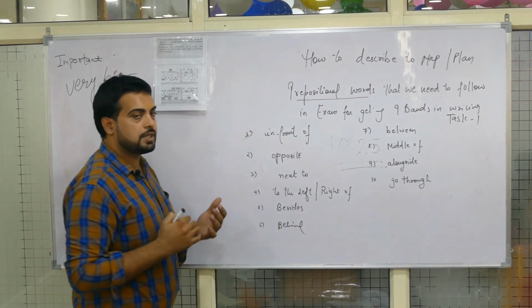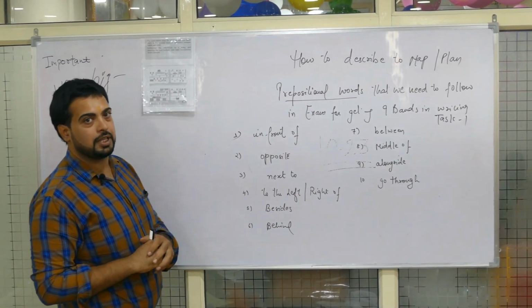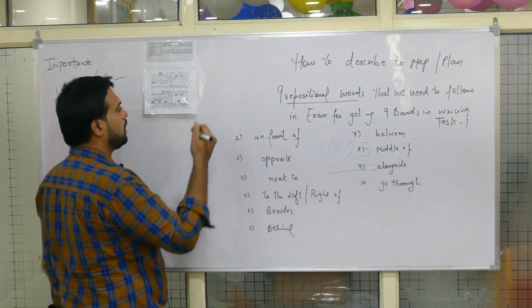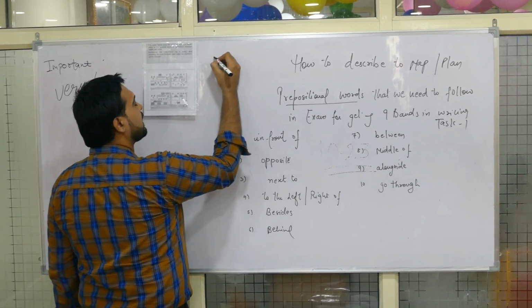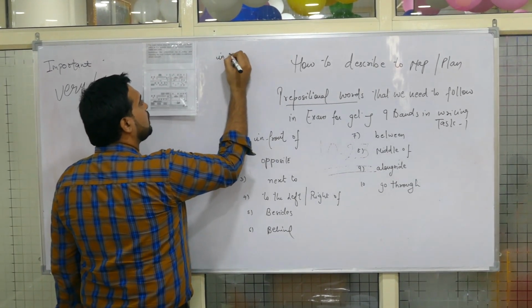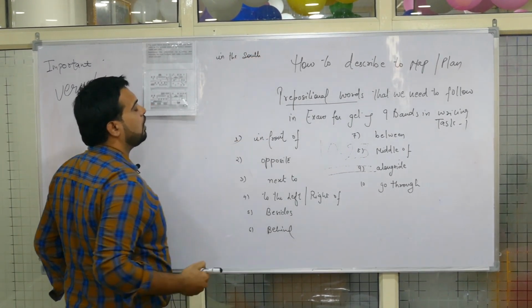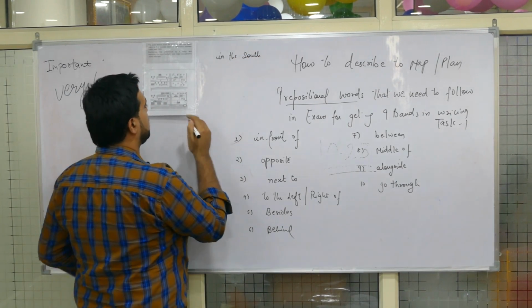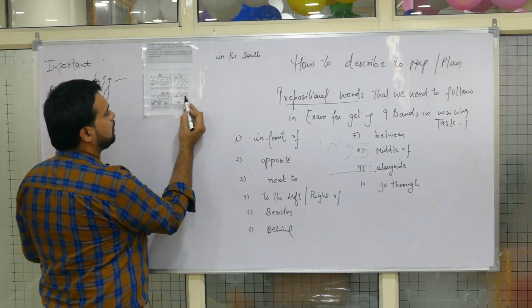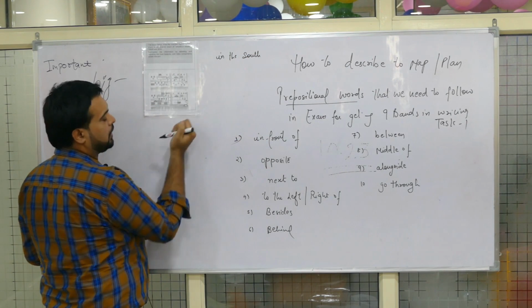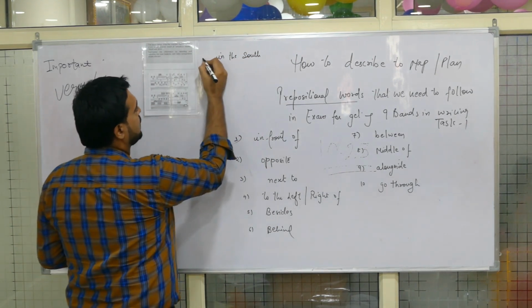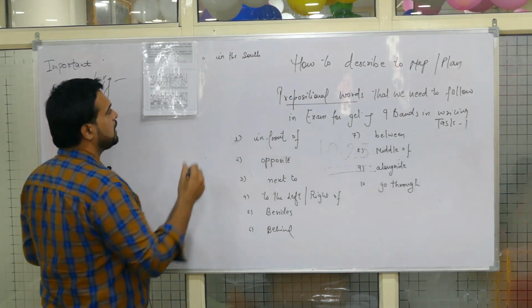And now we're going to discuss how to use directions in the examination and what is useful. Let's say, in the south. How do we describe the direction? For example, where is the house located? It is between, you can say, about the northeast. So first is: in the south.